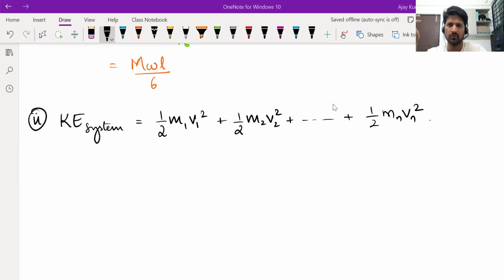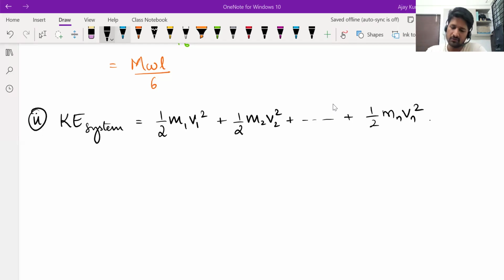V1 is equal to R1 omega, V2 is R2 omega. So only half you can take common if you want, nothing else. Does that mean to express kinetic energy of a system of particles, we have to add infinite terms? That is impractical. But we need a way to express the kinetic energy, because otherwise how will we find out energies of rotating systems?